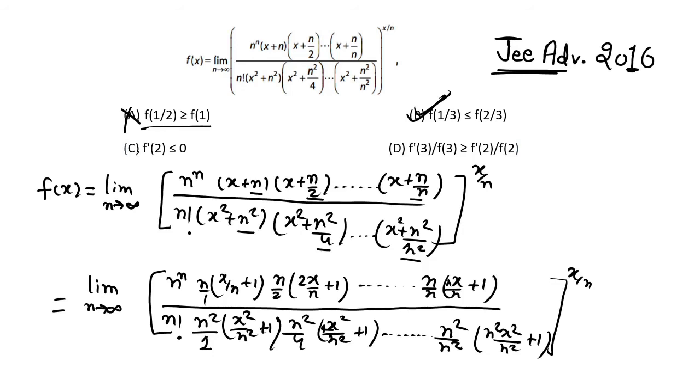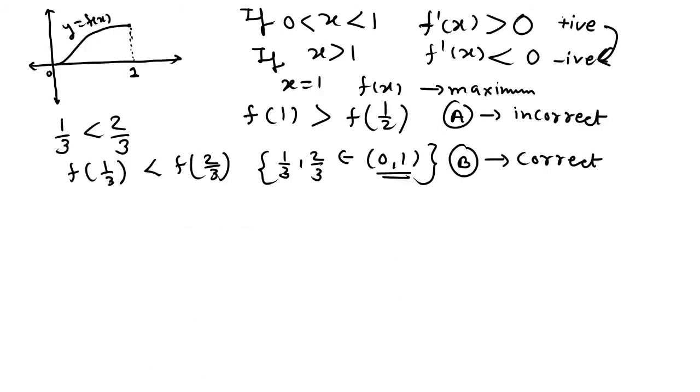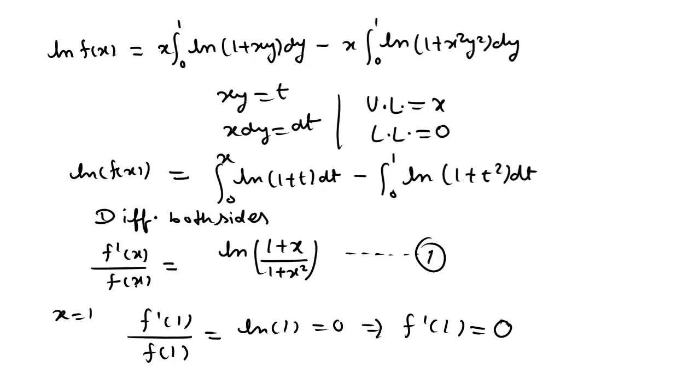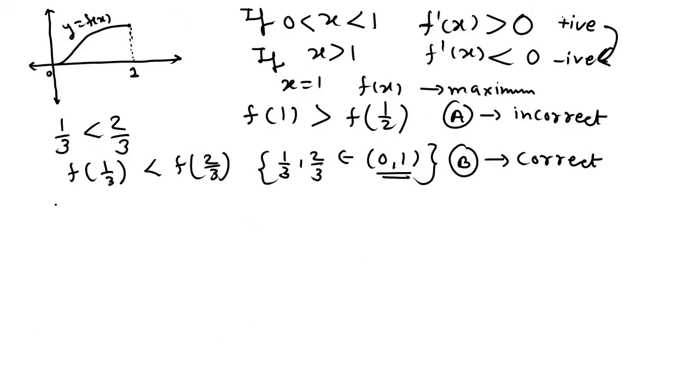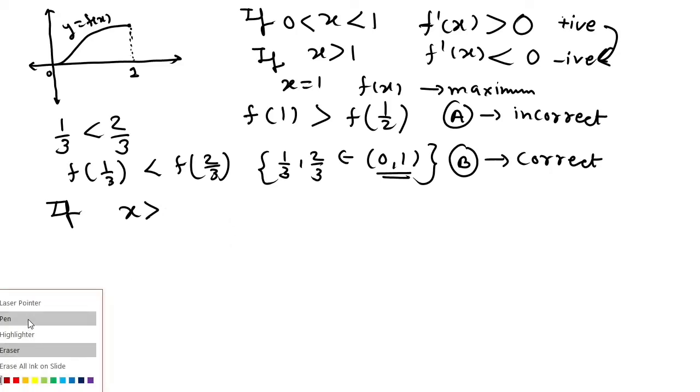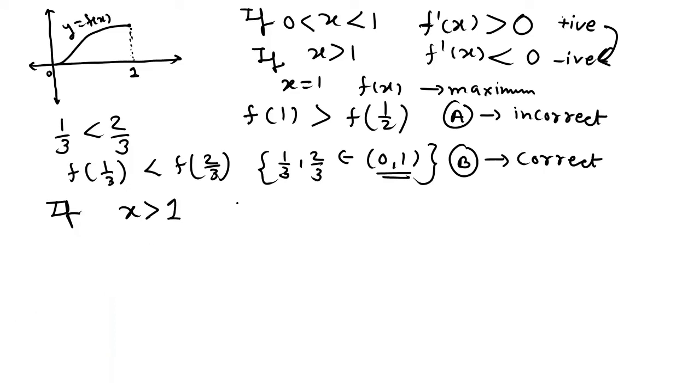Now we'll check option C. From equation 1 we can say that if x is greater than 1, then ln(x+1)/(x²+1) will be less than 0.